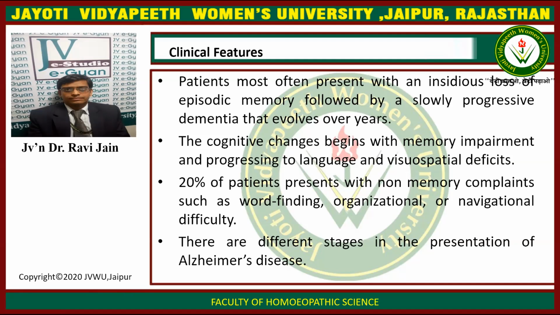So it is not always memory in Alzheimer's disease, but around 20% of patients present with non-memory complaints like word finding, organizational and navigational difficulties. He forgets the path, and he forgets the commonly known path in which he is moving.